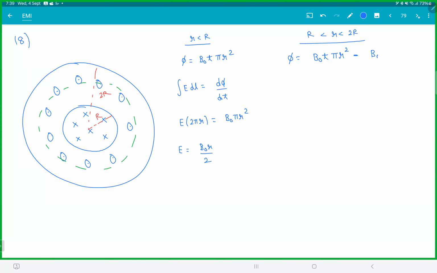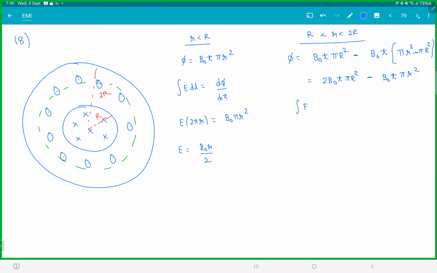It would be B naught t into the area, pi capital R square minus pi small r square, taken as negative, between capital R and small r. So this would be 2 B naught t pi capital R square minus B naught t pi small r square. Is that clear?